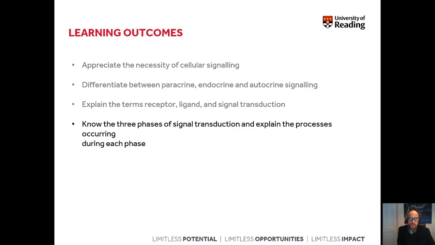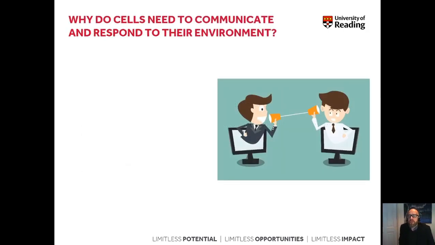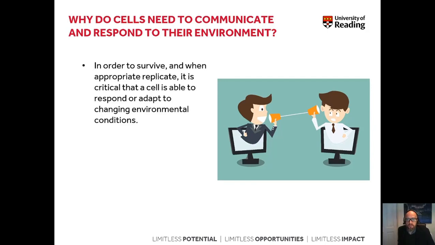You should know the three phases of signal transduction and explain the processes occurring during each of those. Moreover, you should be able to describe how signals are transduced from the cell surface receptors to regulate the transcription of genes.